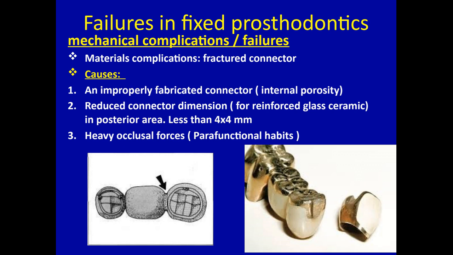Another cause is patients with heavy occlusal forces, like parafunctional habits, bruxers and clenchers, who have occlusal forces above the average, and fracture of connectors is common among these patients because of the heavy occlusal forces.